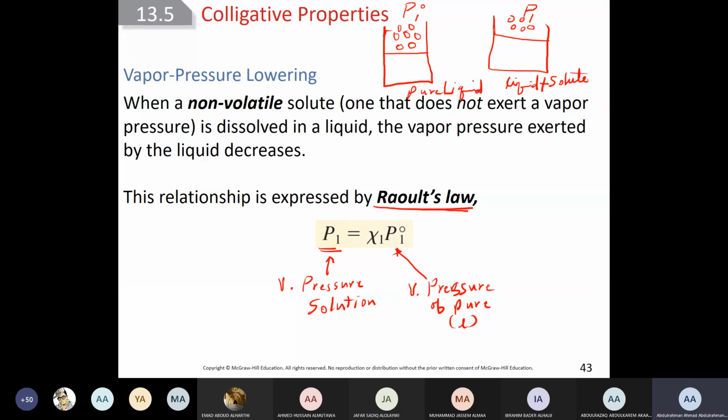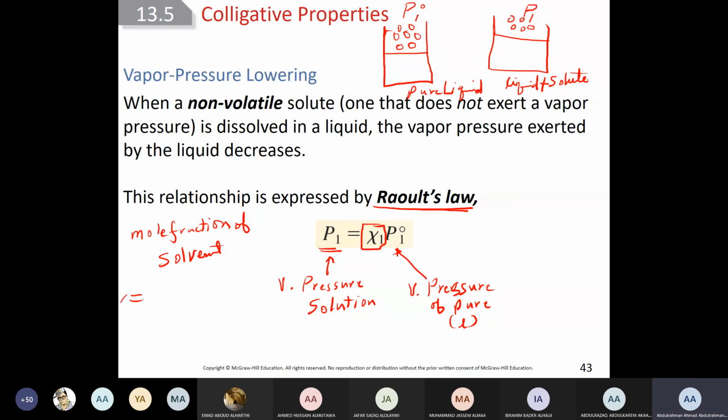Now I want this number. This is now called the mole fraction of solvent. So what's this?